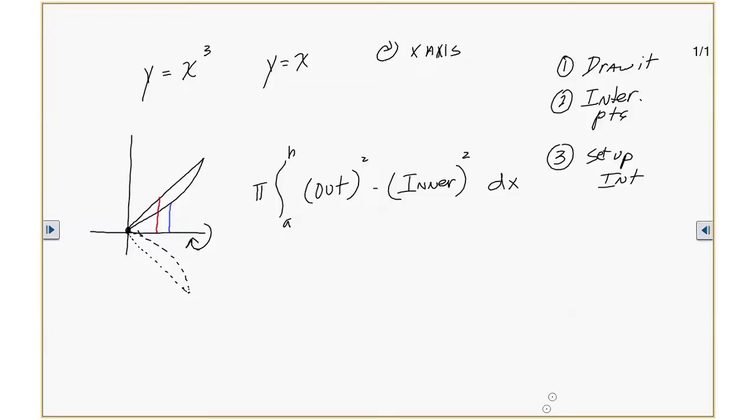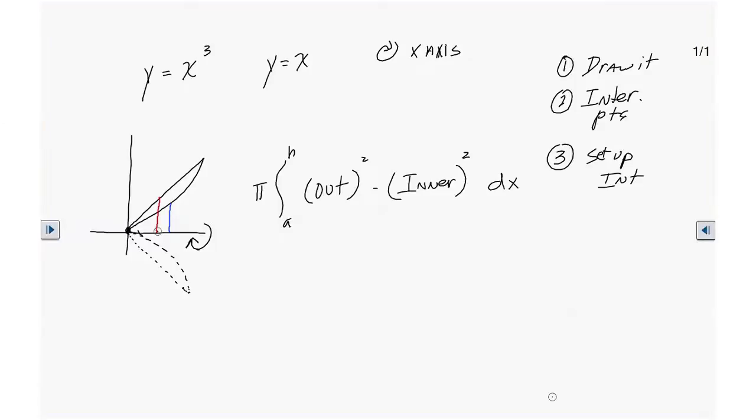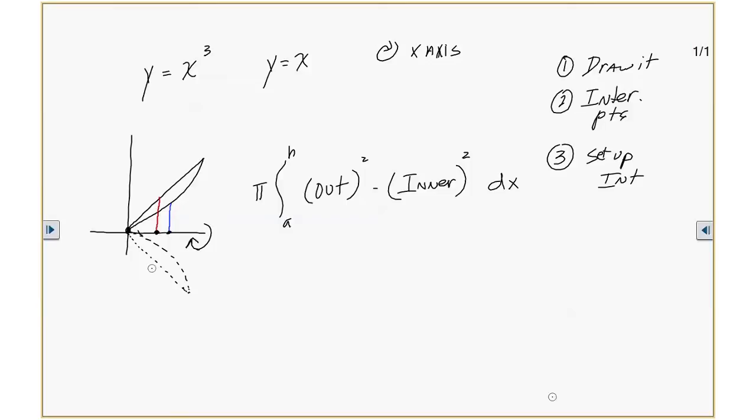Well, that's easy to do if you look at the rotation point. The rotation point is right here. So which one's the outer radius? X. Which one's the inner radius? X cubed.